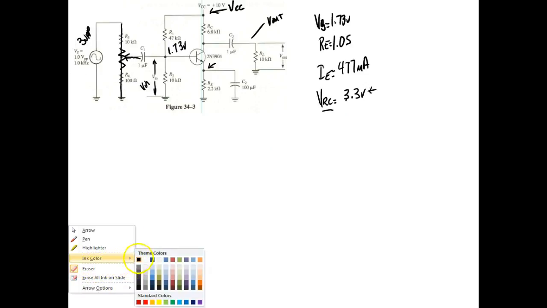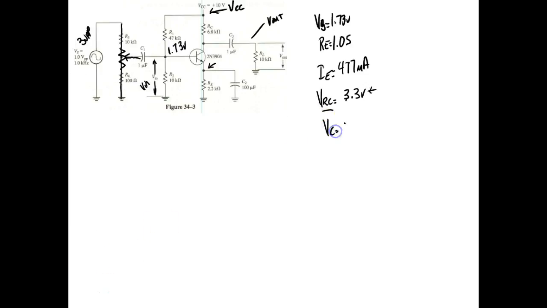I did that wrong. So VC would be equal to 10 minus 3.3, which is equal to 6.7. Voltage collector to emitter is going to be voltage on the collector, which is 6.7, minus voltage on the emitter, which is 1.05 or 1.1.